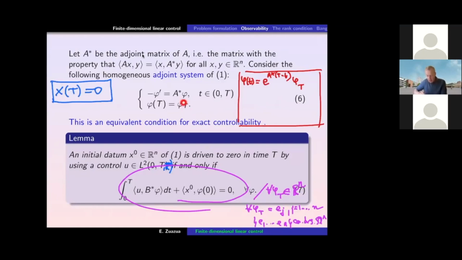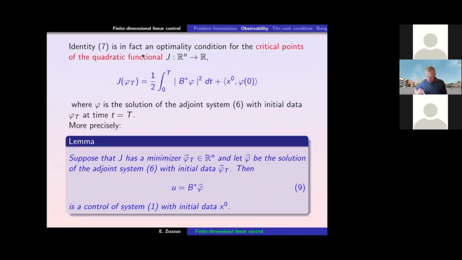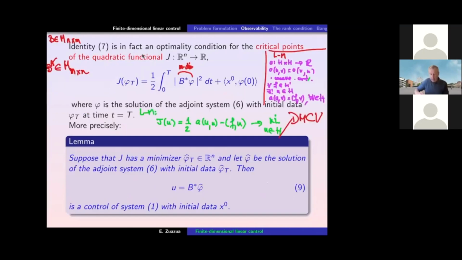Once I have the minimizer, I just solve this ODE, something that I can do numerically if the system is complicated, as it will always be in practical applications, or most often. I will use some numerical integrator, and that's it. So I not only have a proof, but I also will have a constructive algorithm, right?